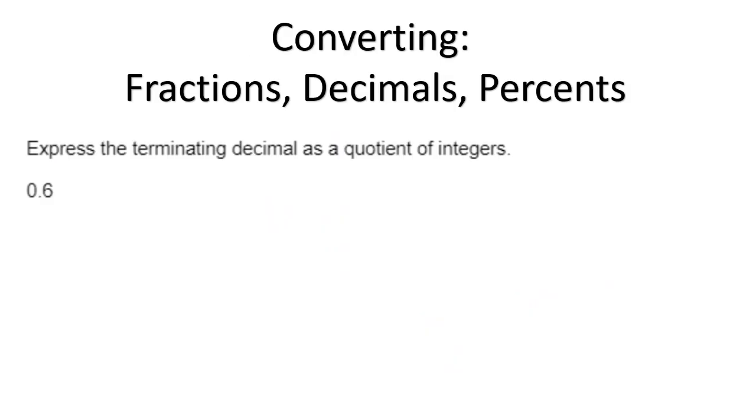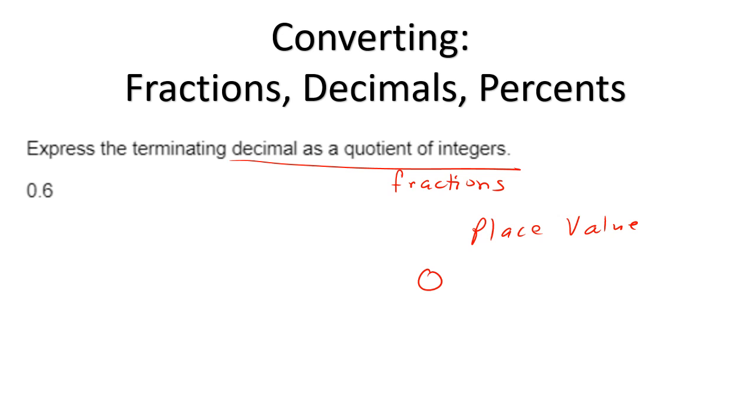Now let's go ahead and convert fractions, decimals, and percents. A lot of times this is done more easily with a calculator. First, I want to change the decimal to a quotient of integers. When that phrase is used, that means change it into fractions. Whenever you're changing something into fractions, you need to remember the place value behind the decimal point.